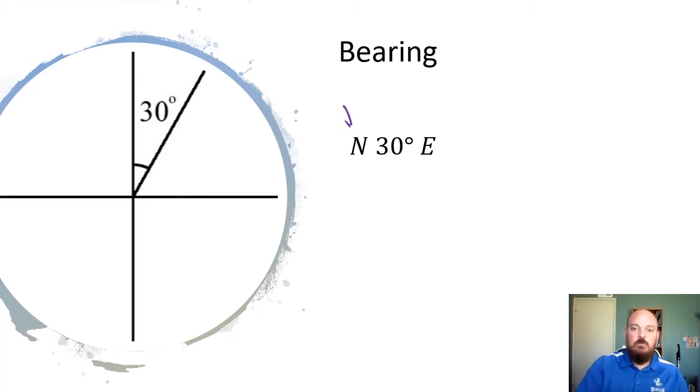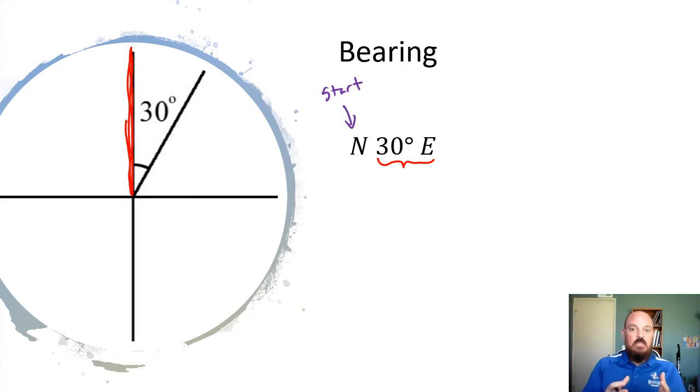This is how it works. This is where your angle starts. So when you see the north for the first letter, that means the initial side of your angle is basically right here, due north. Then this tells you where the angle ends, the two together.